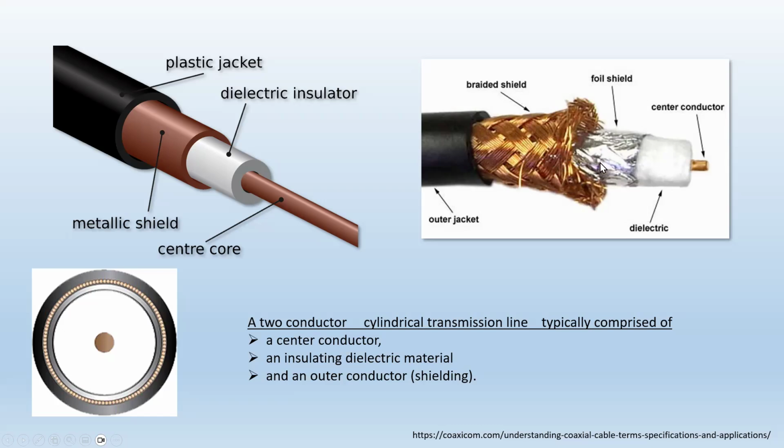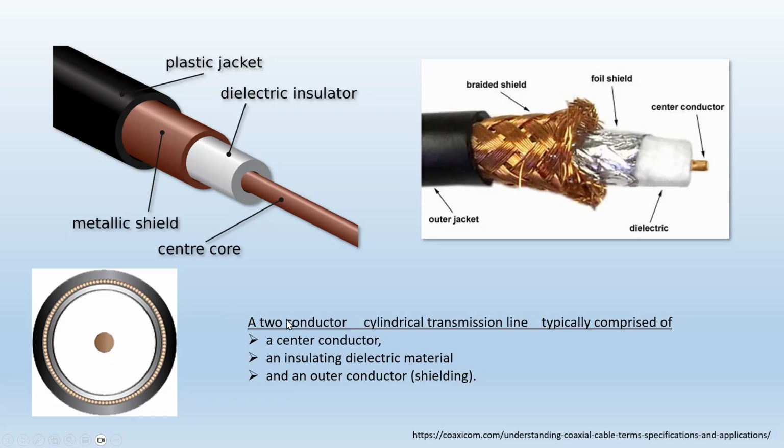In this case, we can see there's that braided shielding that also serves as the other conductor, and there's a center core, and around the dielectric here there is also a foil shield to provide additional shielding effect.